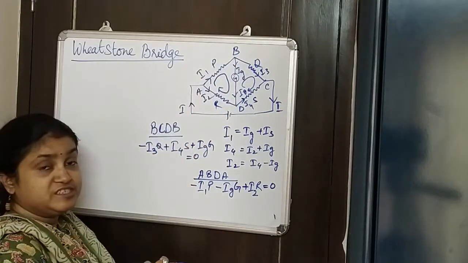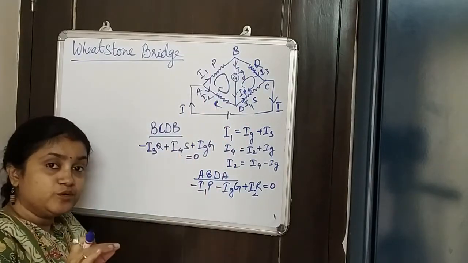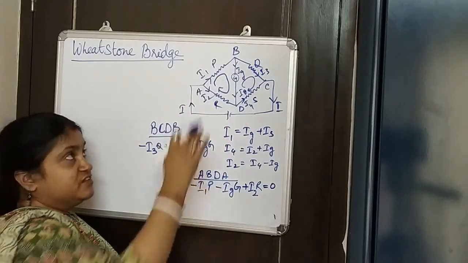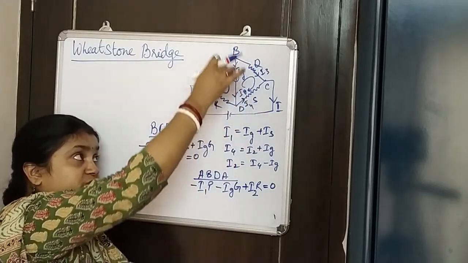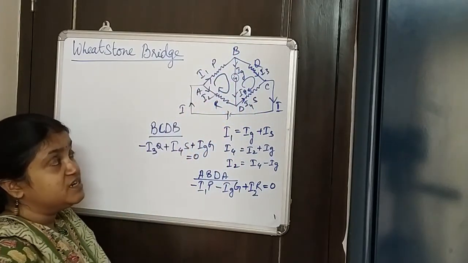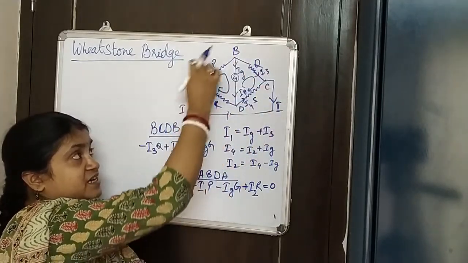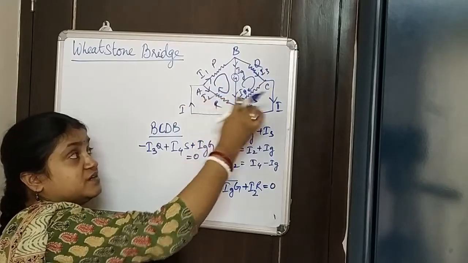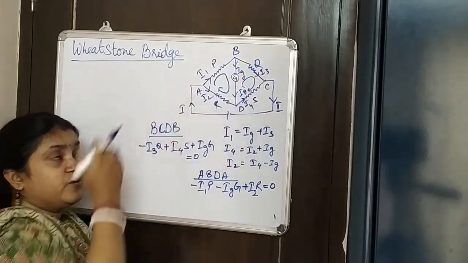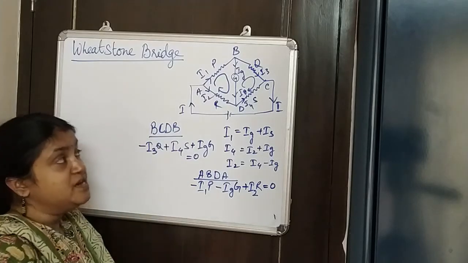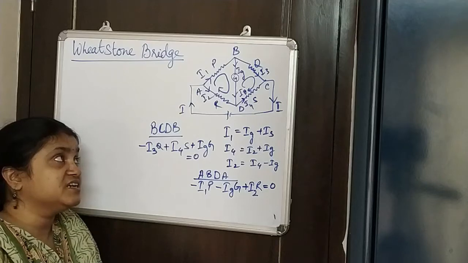Therefore Ig would be 0. It means that point B and point D are at the same potential. There is no potential difference between points B and D, and the circuit is such that all the resistances are balanced. That is, the current flowing on this side and on that side is in the same ratio. So the circuit is in a balanced condition.